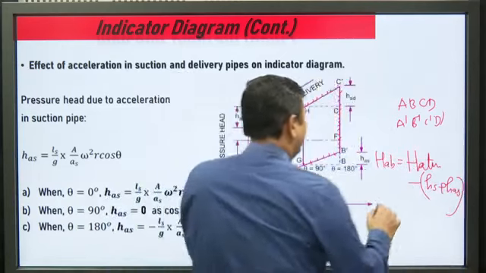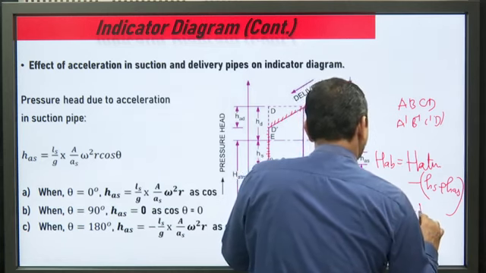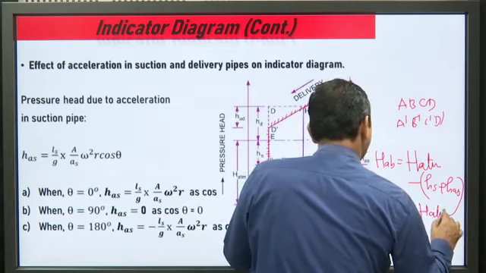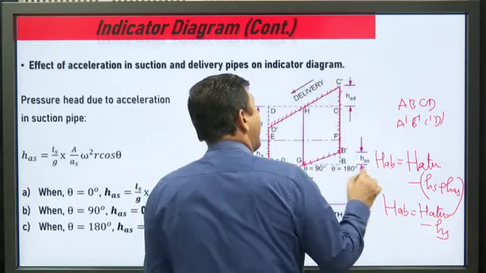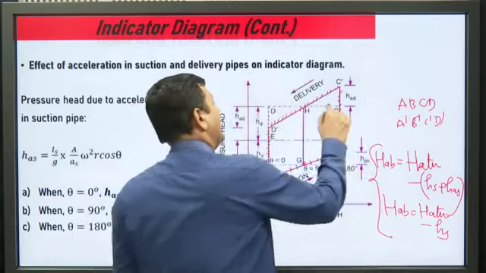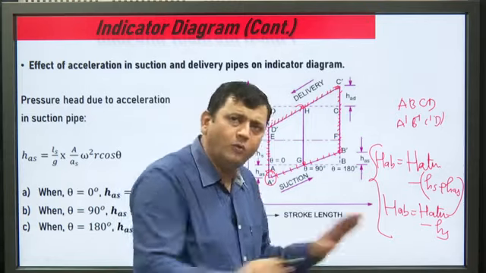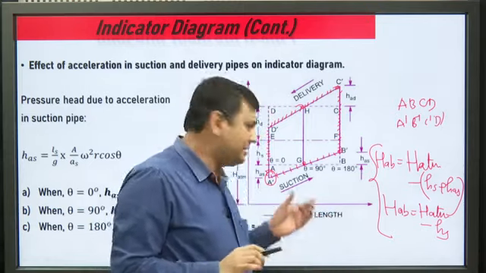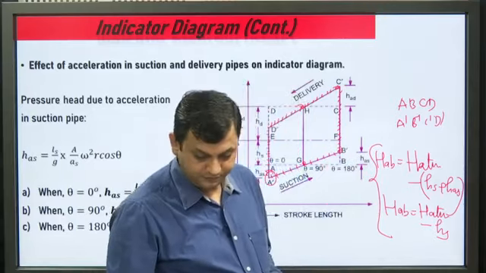At the middle, H absolute is H atmospheric minus HS. So at different points the absolute pressure is different, similar to the delivery stroke. There is no effect on the work done, but the effect is different at different points.